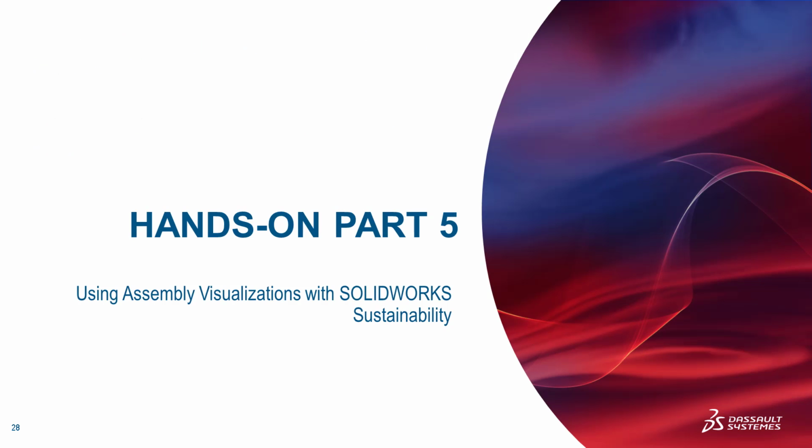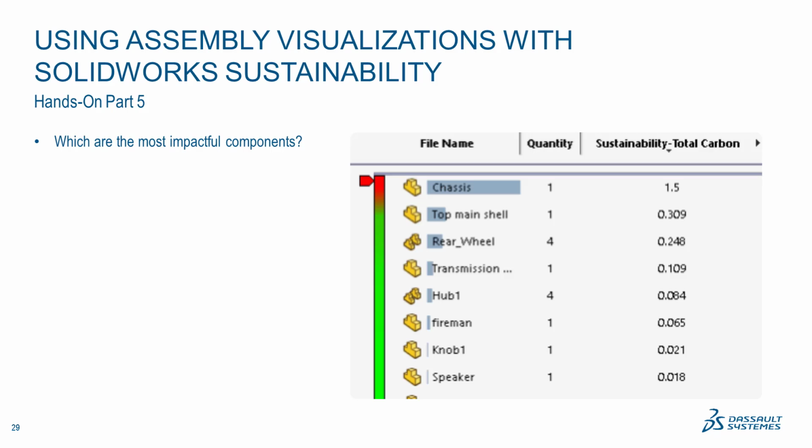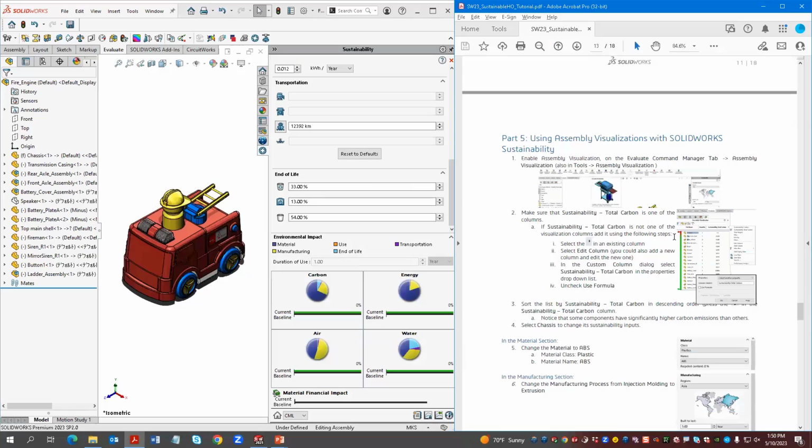The next thing that we want to do is show how SOLIDWORKS Sustainability is integrated with the assembly visualization tool, and show how it can help us to identify the most impactful parts of our product, process, or service, and help us define where we should be focusing.